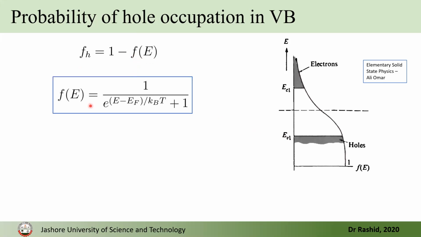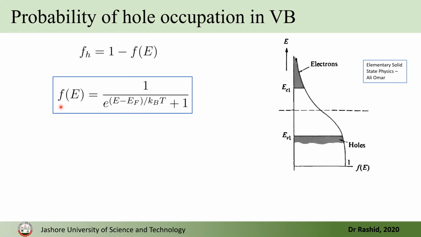Here f is the Fermi-Dirac distribution function. That is, the Fermi-Dirac distribution function is the probability of a state being occupied by an electron. So the probability of a state being empty will be 1 minus f(E). That is the probability of a state being occupied with a hole.